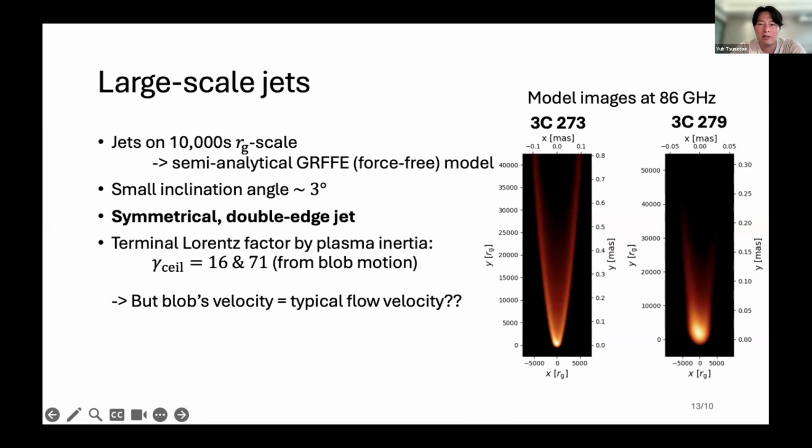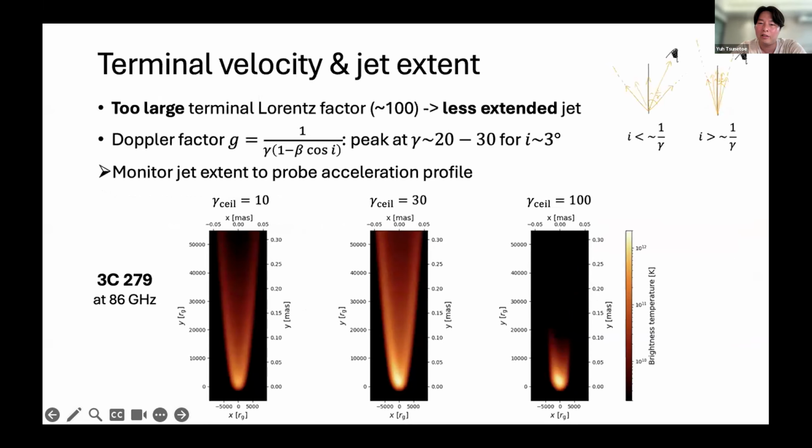And for the image shown here, we adopt Lorentz factors estimated from the apparent motion of blobs in these jets. But we should keep in mind that the velocity of blobs may not represent the typical or steady flow speed in the jet. So here, I further calculated images with different terminal velocity or terminal Lorentz factor.